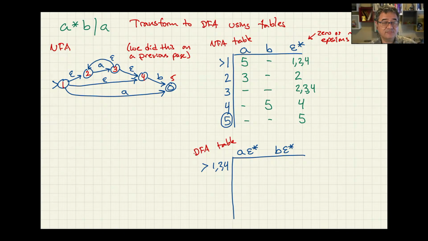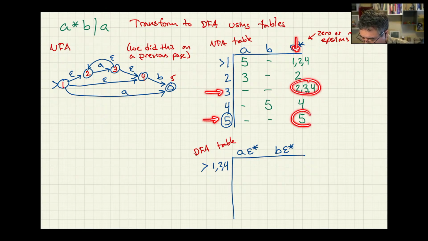Combine those together. That gives us 3 and 5. So now turn your attention to the 3 and 5 rows and look all the way here under the epsilon star. We see 2, 3, and 4, and 5. 2, 3, 4, and 5.